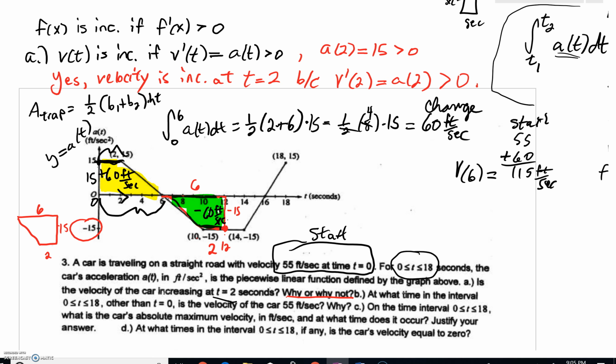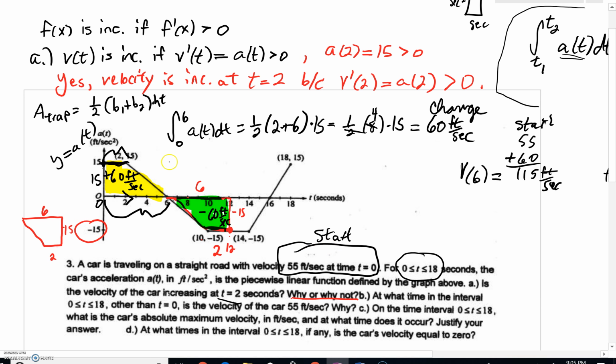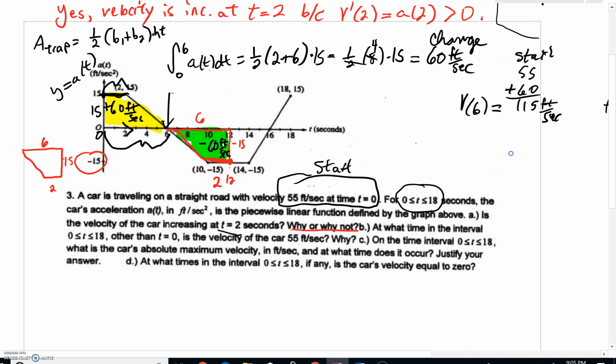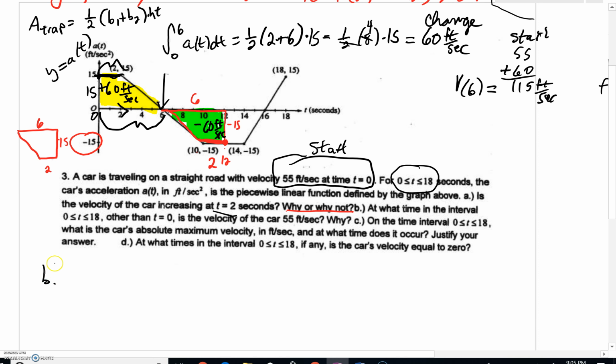The gain of 60 feet per second up to time 6 would be canceled out with a decrease of 60 feet per second. In other words, what we're really seeing for part B is that the integral from 0 to 12 of a of t dt is 0.